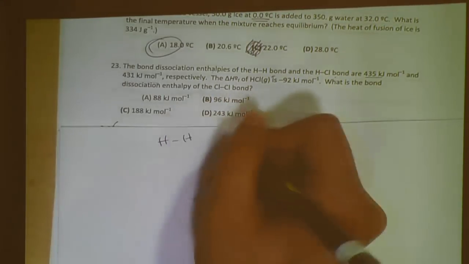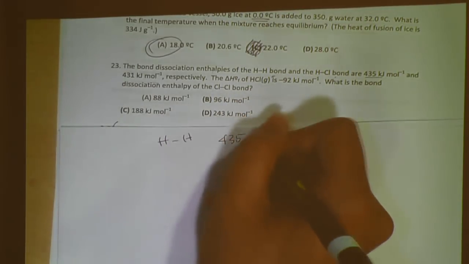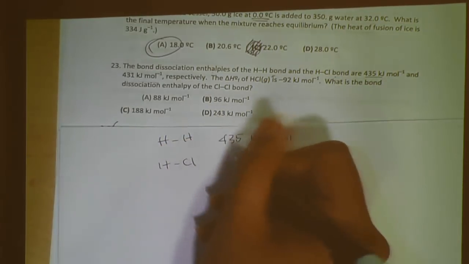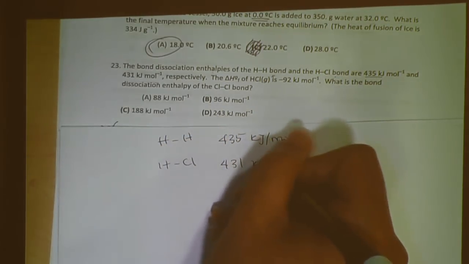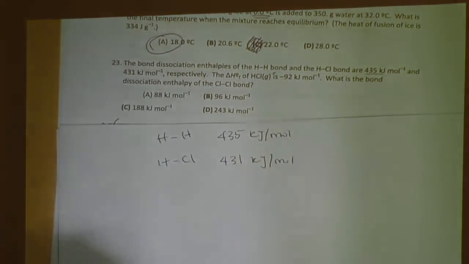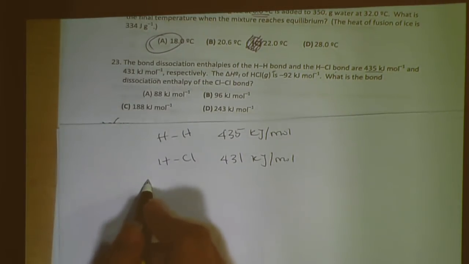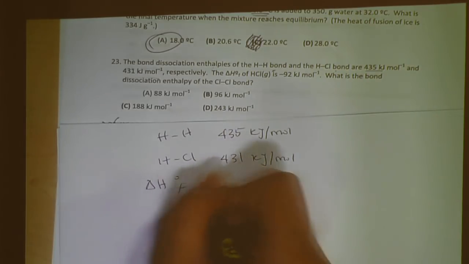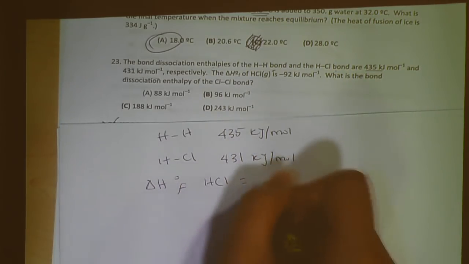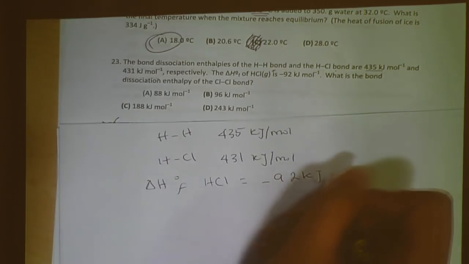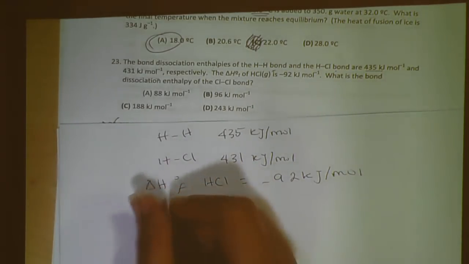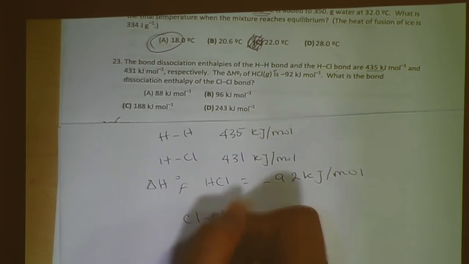So H to H is 435 kilojoules per mole, and H to Cl is 431 kilojoules per mole. And the delta H of formation of HCl is negative 92 kilojoules per mole. It's asking for the bond dissociation enthalpy of the Cl to Cl bond.